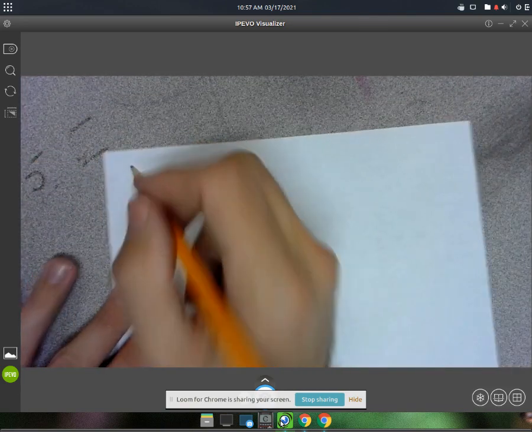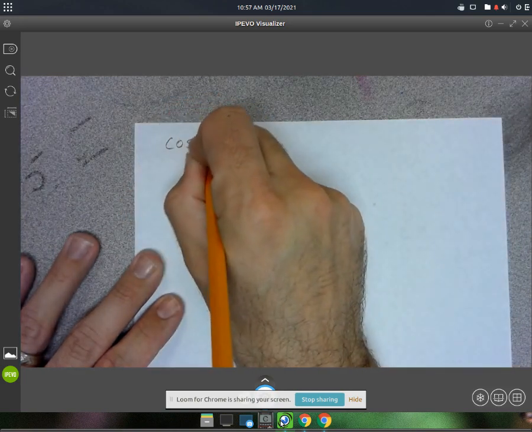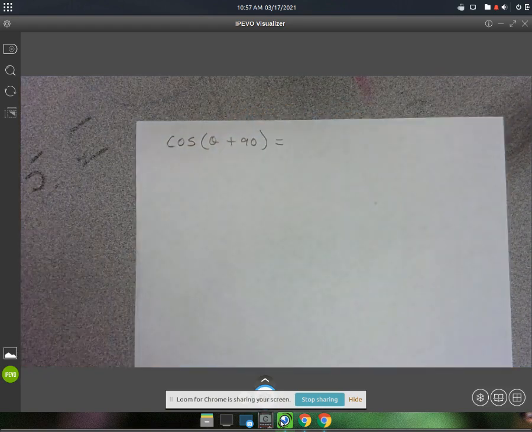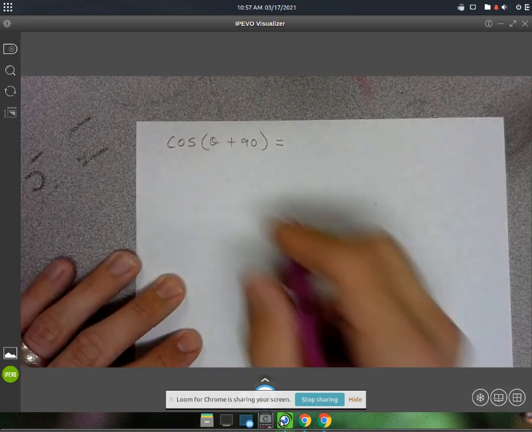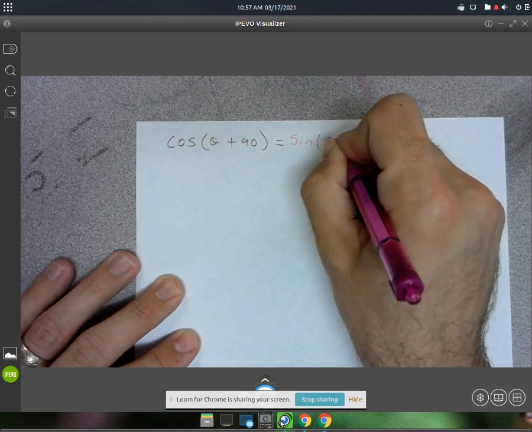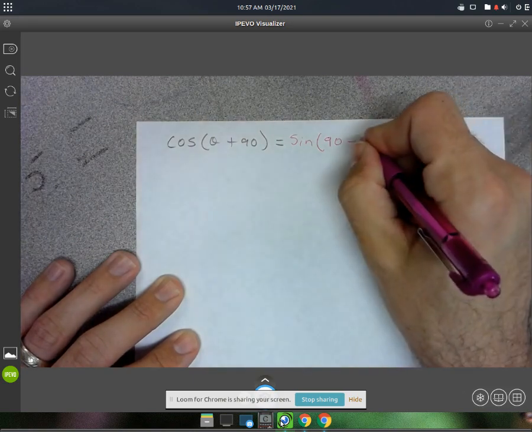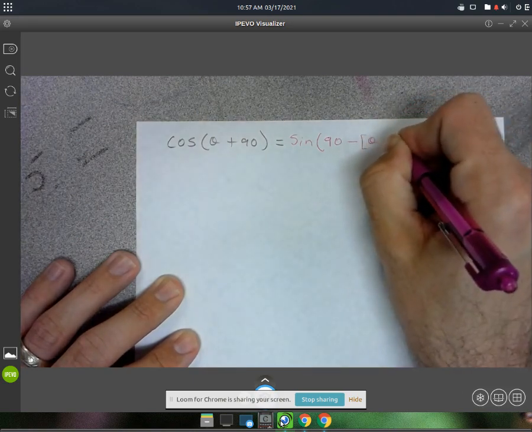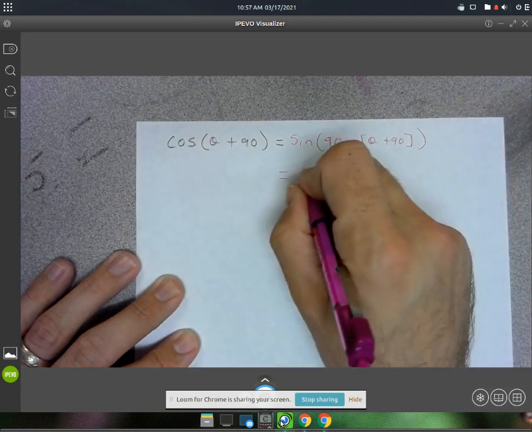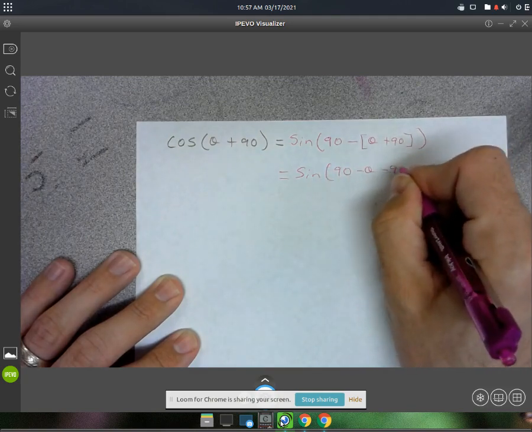So instead of sine of theta plus 90, let's simplify cosine of theta plus 90. All right, so I'm going to rewrite this in terms of sine. So that's going to be sine of 90 minus this entire angle. All right, so this is going to be theta plus 90. Distribute my negative in. It's going to be 90 minus theta minus 90.